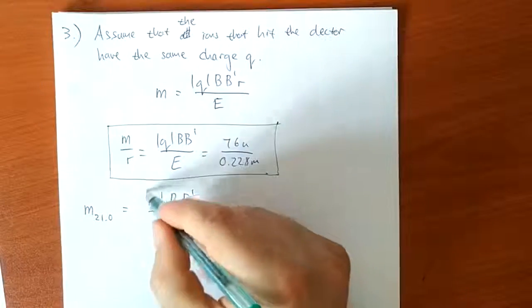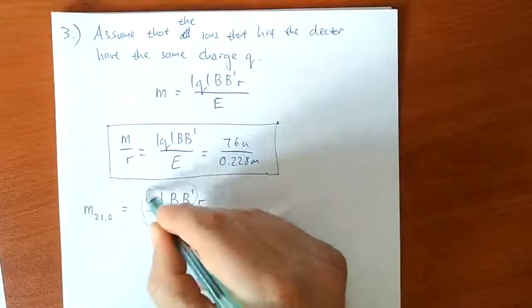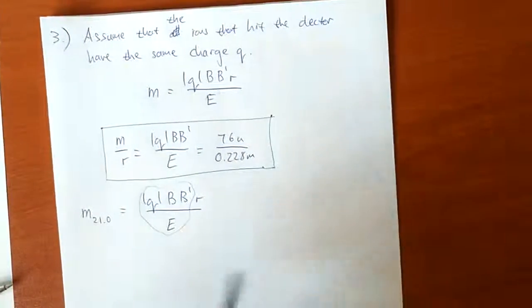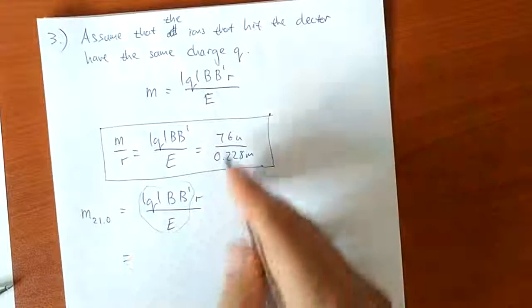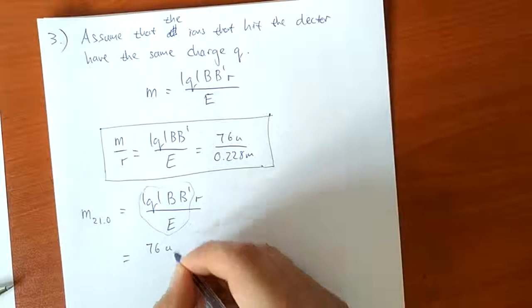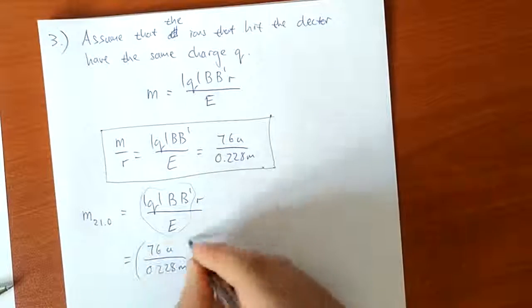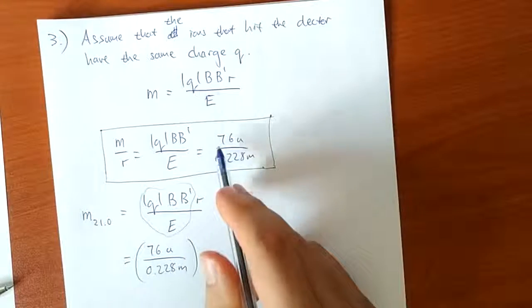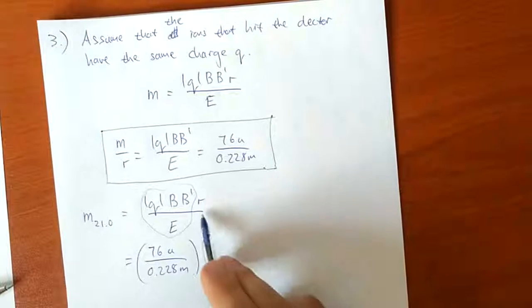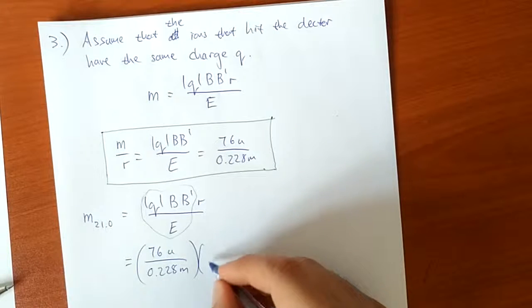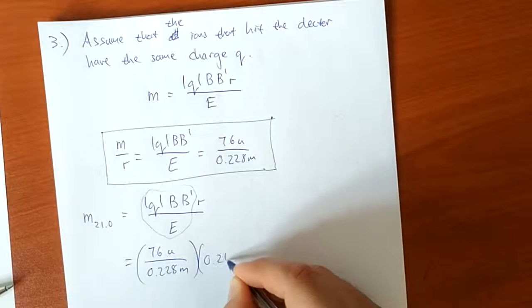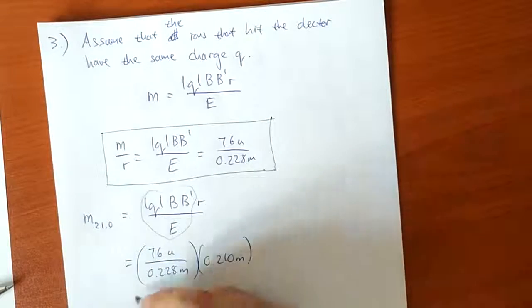I know what this is. Substituting, this is equal to 76 U over 0.228 meters, and that I got from here, times the radius. What's the radius? It is 0.210 meters. And then what am I left with?